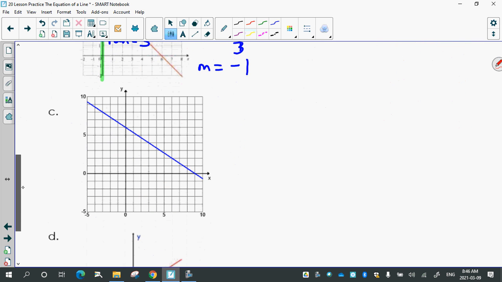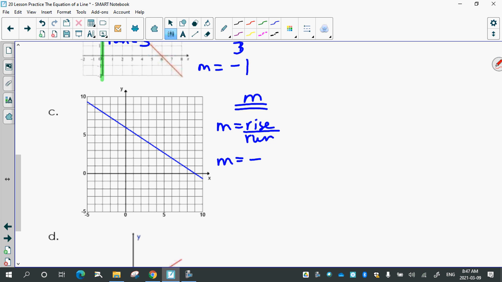All right, the next one. So we start off finding slope. Do you see it's negative sloping? So I'm going to remind myself of that right away. I have to pick 2 points.